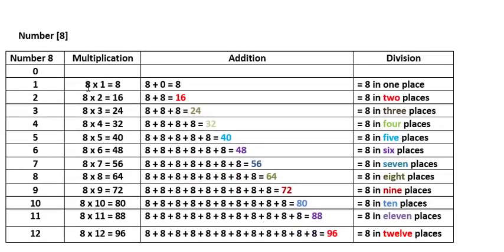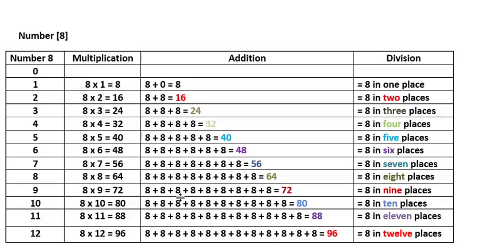Look at number 8. 8 times 1 means 8 in one place. 8 times 2 means 8 in 2 places. 8 times 3 means 8 in 3 places. And if you go down to 8 times 10 means 8 in 10 places. And the same way with the addition, we can break this number down individually and add them together.